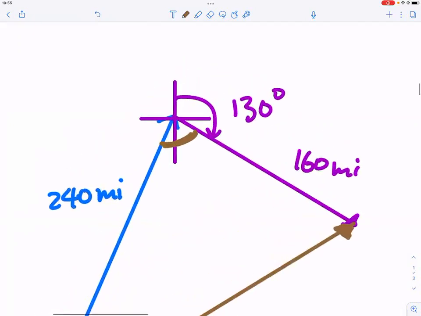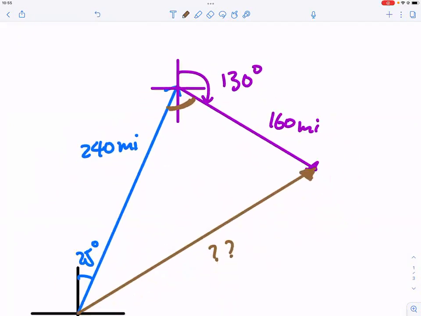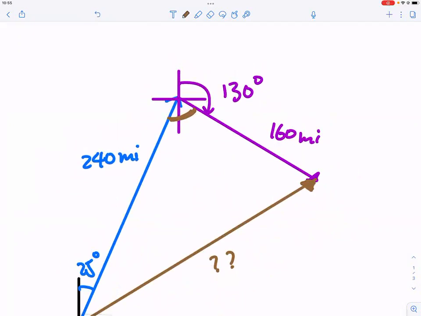Now, one thing about problem solving is looking at what you have, can you tell something? So if you look at the 130 degrees, what can you tell? The other part right here, it's 50 degrees, right?